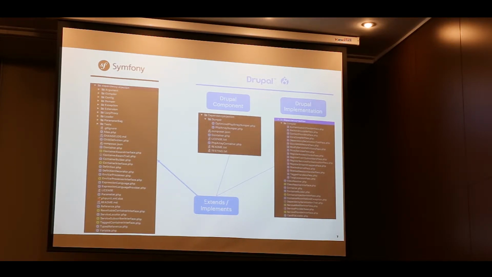The first one is the component. It's totally different. You can use this component outside the Drupal project, normally. And here you have the implementation. The implementation is a custom implementation for your Drupal application. This package adds some compiler tasks to handle a stack, for example.